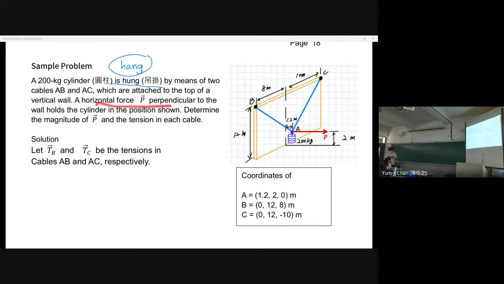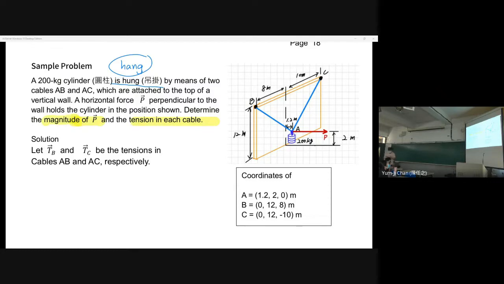Horizontal P is also applied at the cylinder position, and we determine the magnitude of P and tension in each cable.